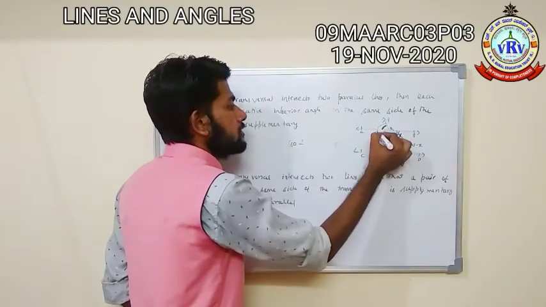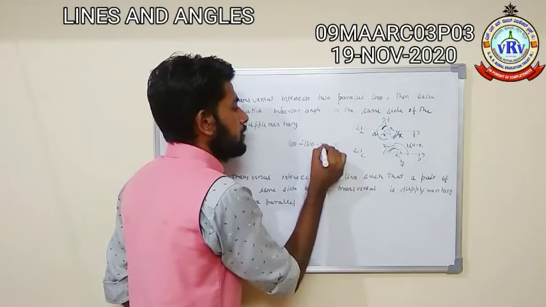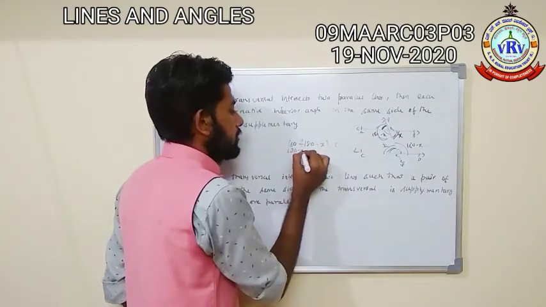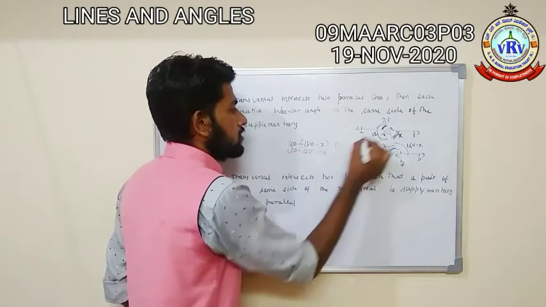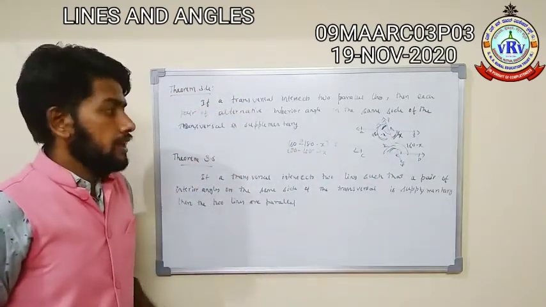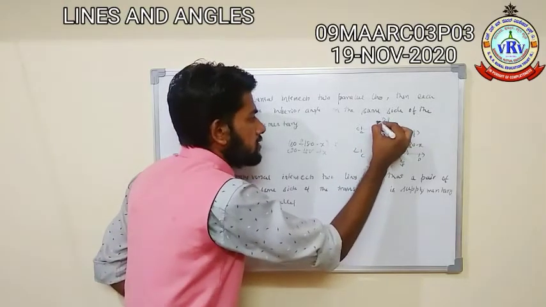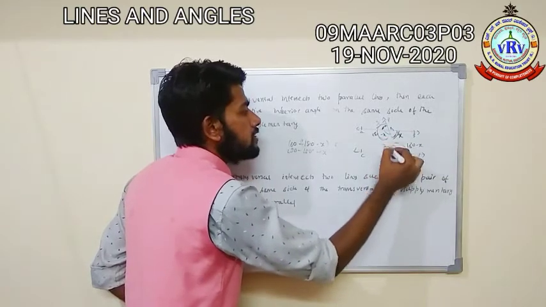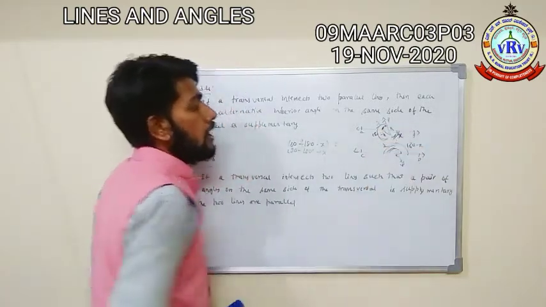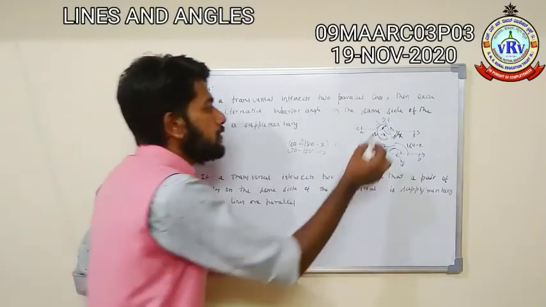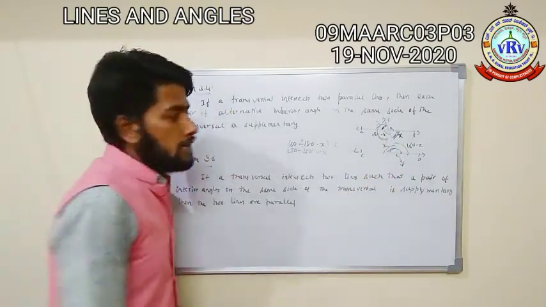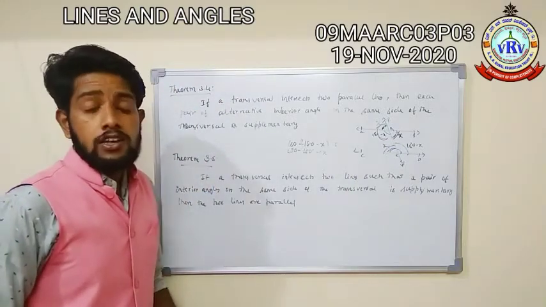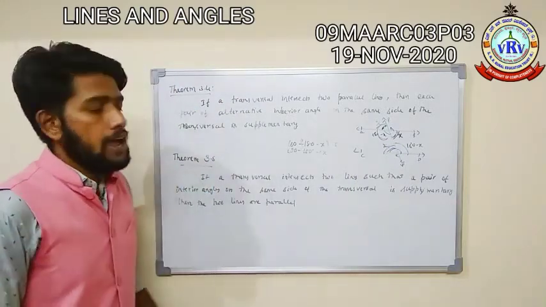In that, if you delete 180 minus x, then the remaining angle is this, right? 180 minus 180 plus x, so this becomes x. If this is x and this is also x, that means the corresponding angles for these two lines and this transversal are the same. If the corresponding angles are the same, then we can easily tell that these two lines are parallel using the corresponding angles axiom.